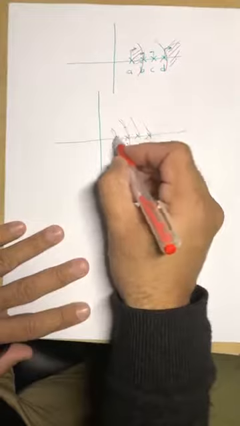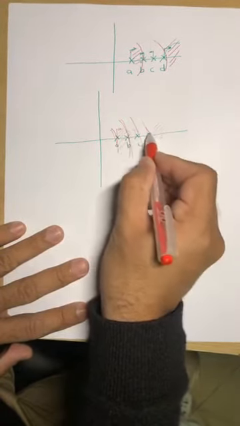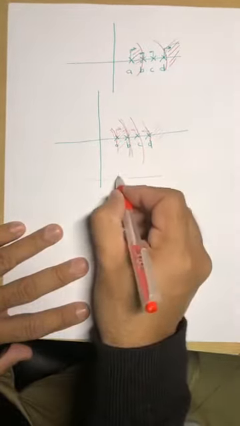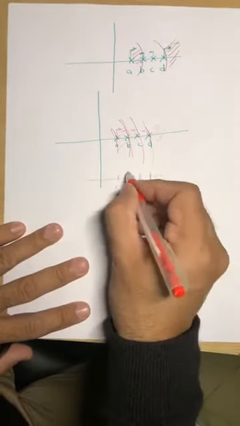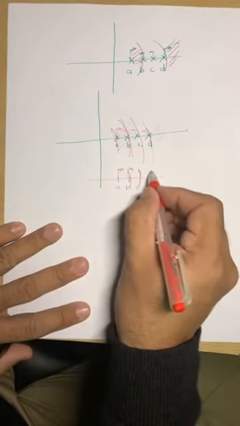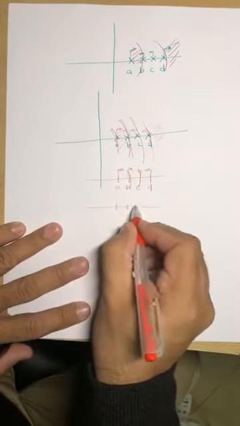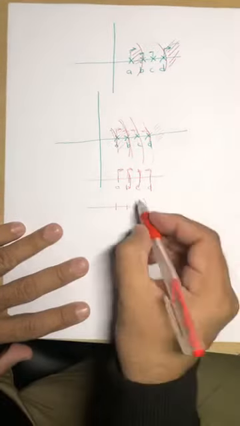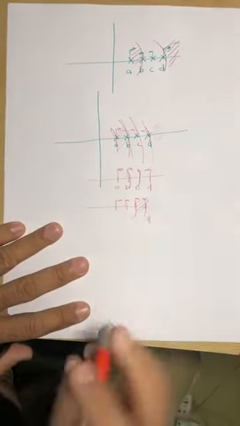This ring means A is right hand side, and B, C and D are left hand side sequences. In another ring, these two are right hand side sequences and these two are left hand side sequences. In the third ring, it is right, right, right, left.